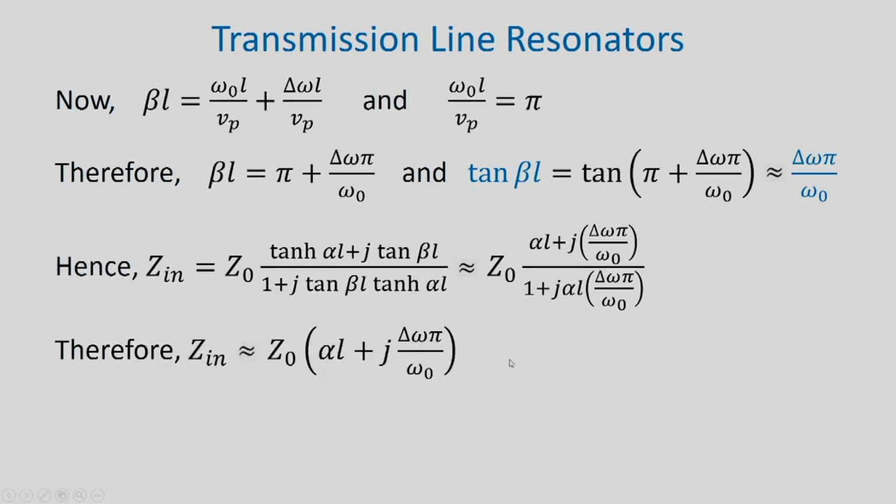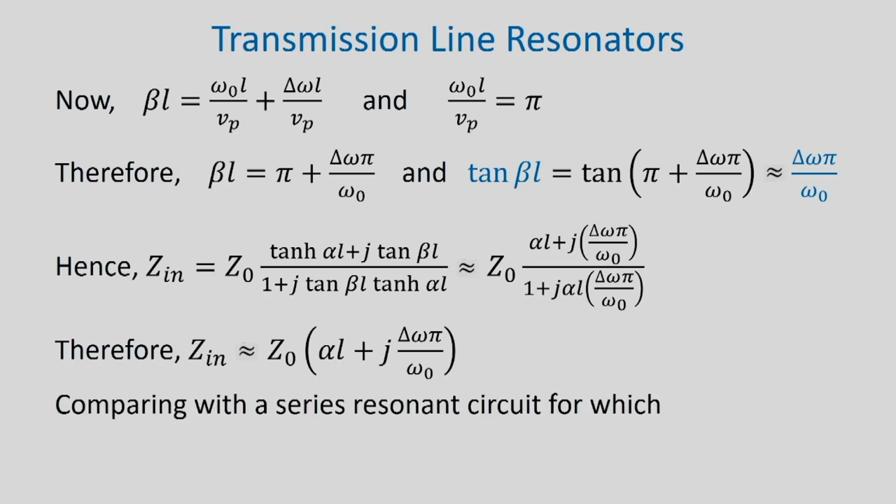Now, here you can see in the denominator we have the product of two small terms, one is alpha L and another is delta omega pi by omega naught. So, this term can be neglected with respect to 1, and therefore, we can write Z in approximately equal to Z naught times (alpha L plus j delta omega pi by omega naught).